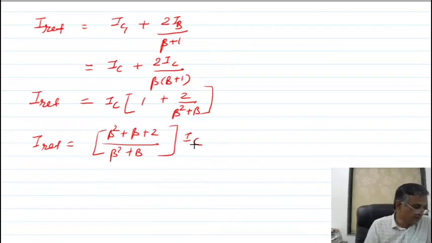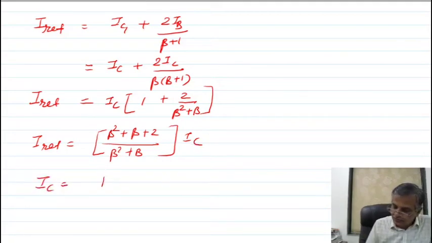This is the equation we have to rewrite. Or I can write IC is equal to beta square plus beta upon beta square plus beta plus 2 into I reference.